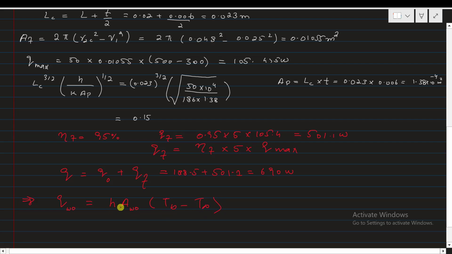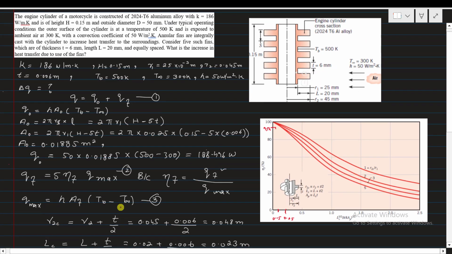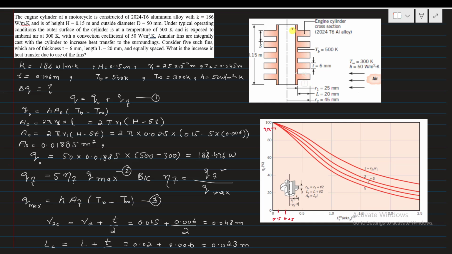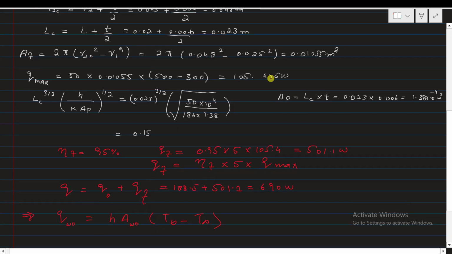So we are now interested in finding the heat transfer without attaching the fin. We have only the cylinder and there is no attachment of the fin. So if there is no attachment of the fin, how much heat transfer can occur?